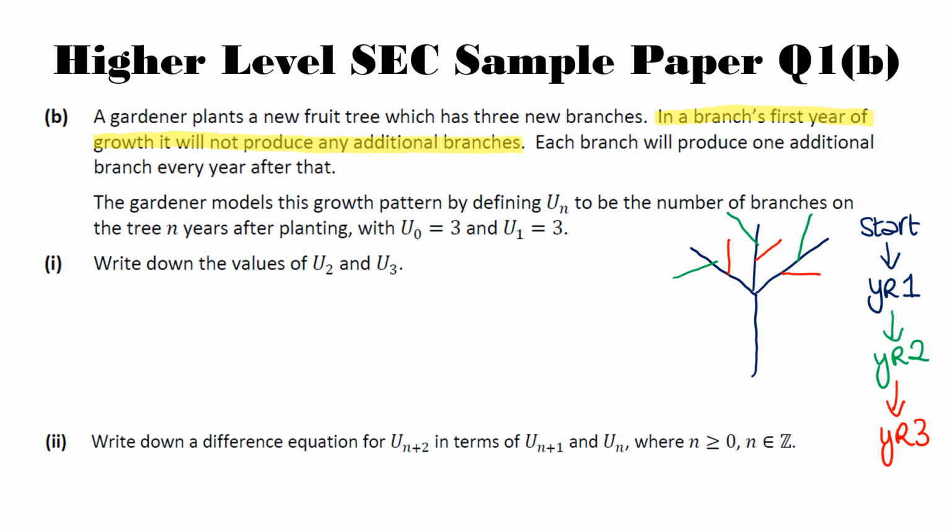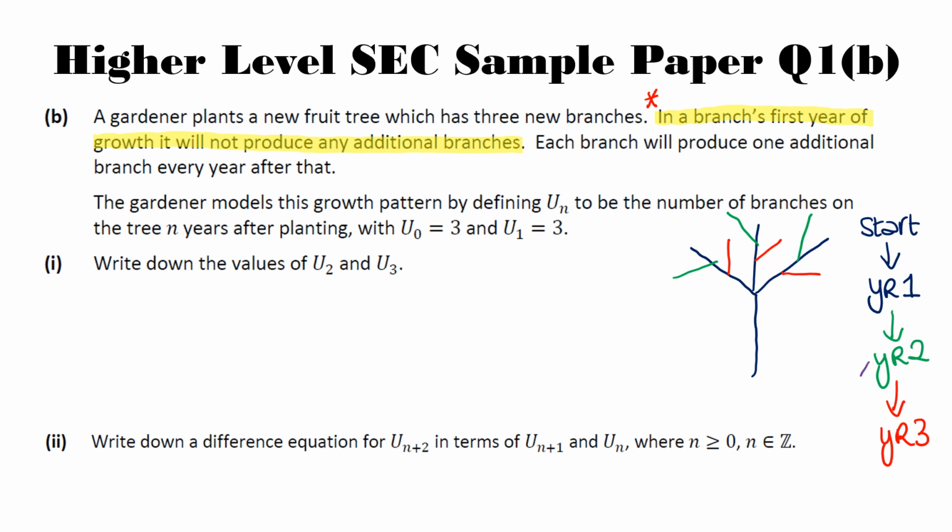However, the green ones won't, because the green ones are only a year old. And remember, go back up here, in a branch's first year of growth, it will not produce additional branches.